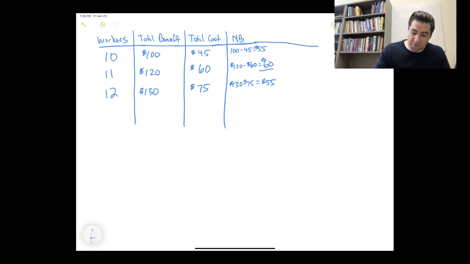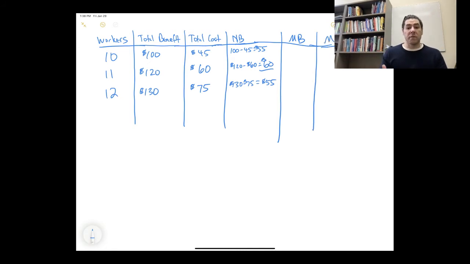All right, let's try it with our marginal analysis, where I'm going to calculate the marginal benefit and the marginal cost of each option, and I'm going to continue adding workers as long as the additional benefit exceeds the additional cost. I can't do anything for the very first row, 10 workers.